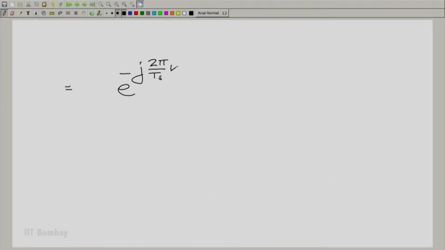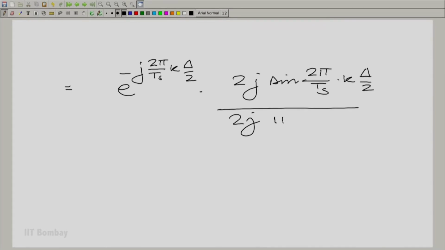Let us simplify this. So, we have an interesting expression here. We can strike off the 2 j's from the numerator and denominator, we can strike off the 2 here, and we can divide and multiply by Ts in the denominator.